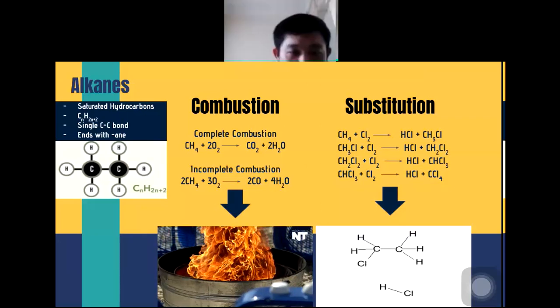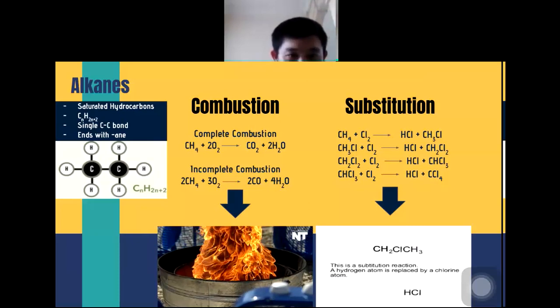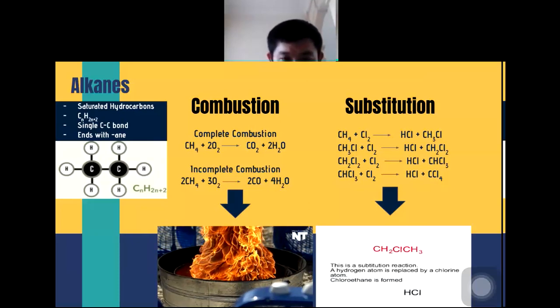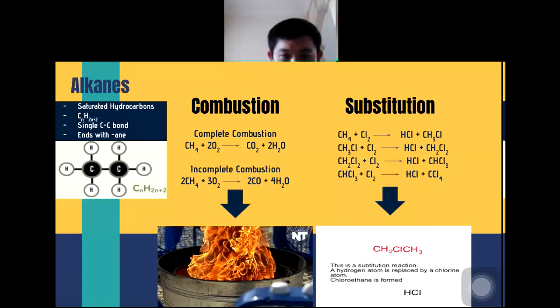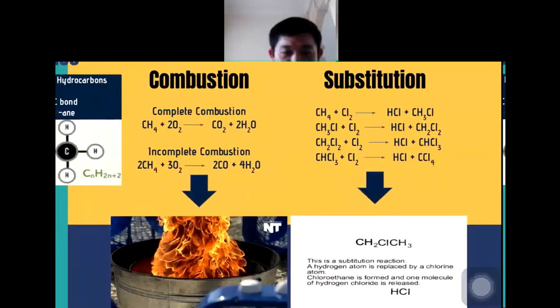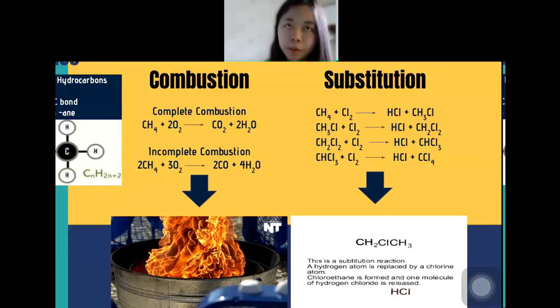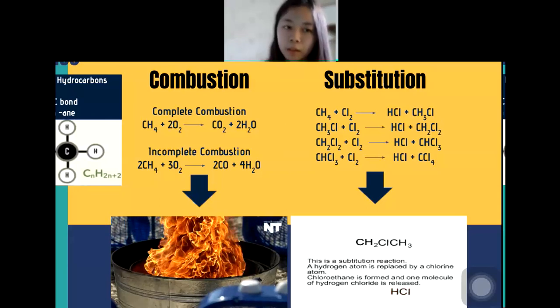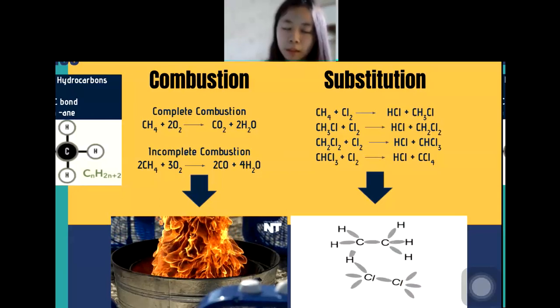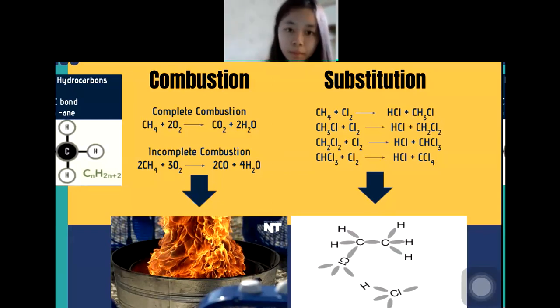On your slide, on the right hand side, substitution. This is a substitution reaction. What is the catalyst? It's UV light, so it relates with the depletion of the ozone layer.